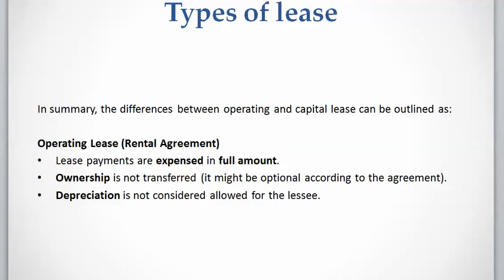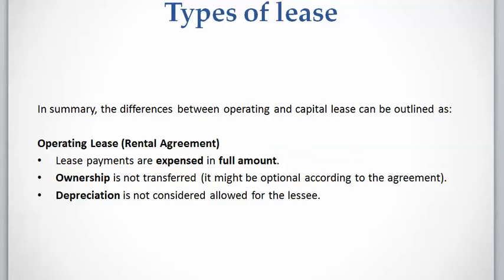The major difference between these two leases is that in the operating lease, lease payments are allowed to be expensed in full amount. They can be deducted in full amount from revenue as tax deductions. We assume that in the operating lease, the ownership of the property stays with the lessor.